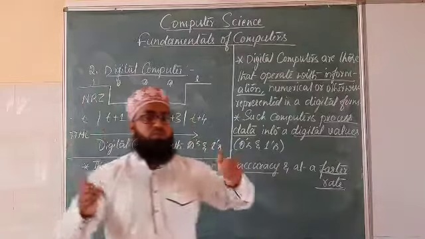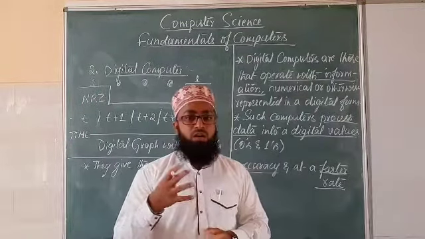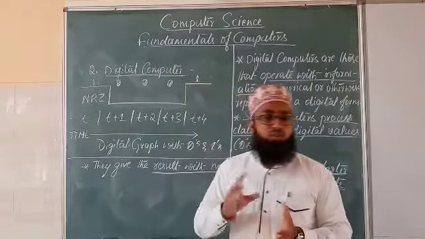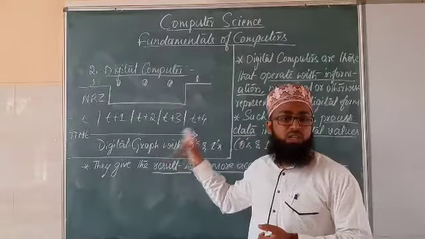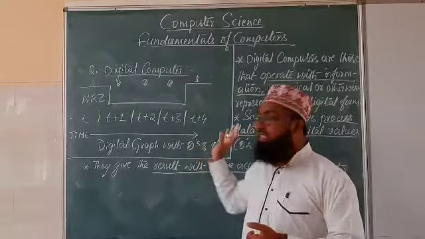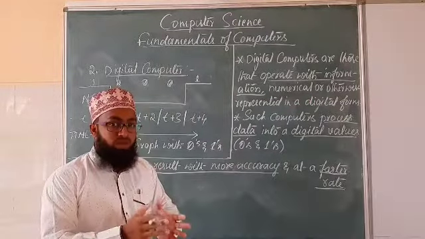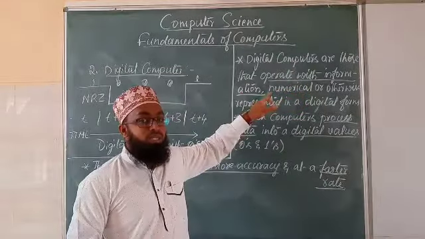What is the difference between analog and digital computer? Analog computers give graphical representation with quantities, but digital computers give the representation with digital values, that is zeros and ones. Analog computers work with quantities and digital computers operate with information.